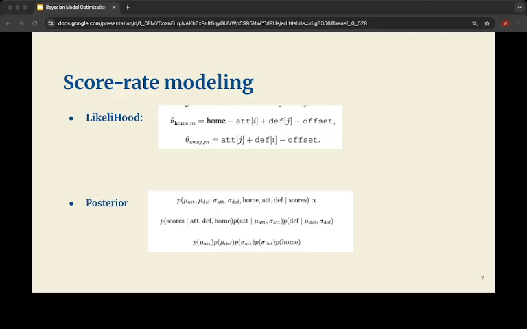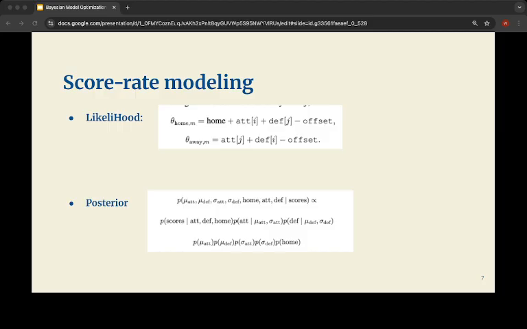Putting everything together, the posterior is the probability distribution that represents our updated belief about team strength after seeing match data. Here is the posterior's formula.